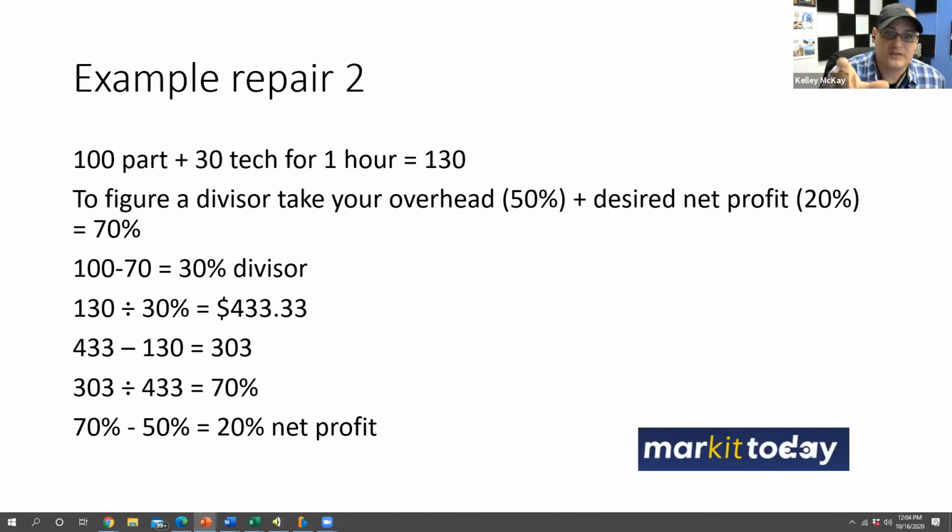Now, I will tell you this too, your desired net profit can come down if the cost of the part goes way up. Like if you're doing a $700 compressor replacement, it's going to be a tough sell to maintain 25% net profit or your desired net profit. So you may have to move those margins down, but it's more dollars.